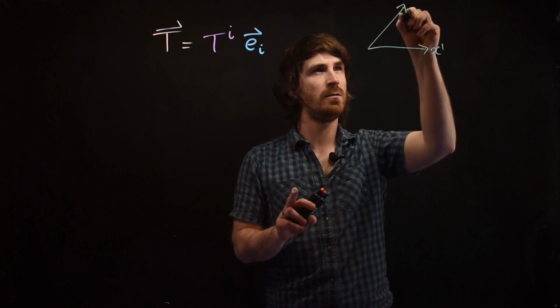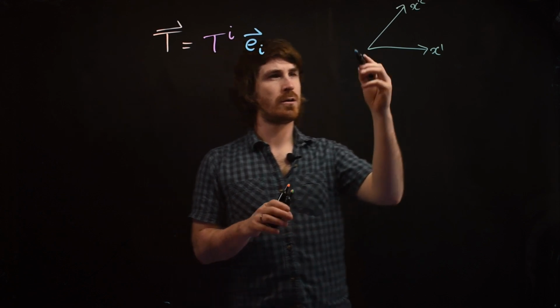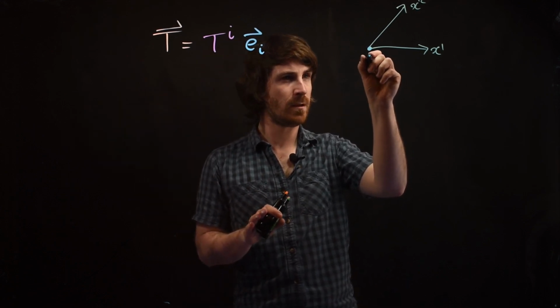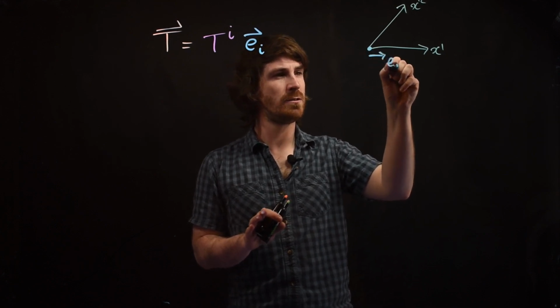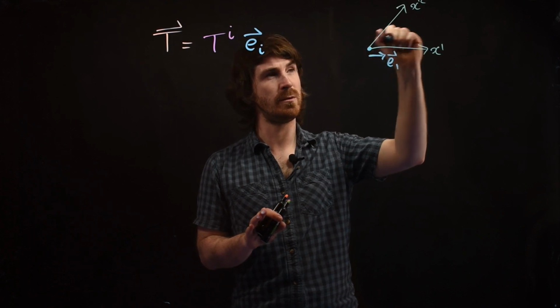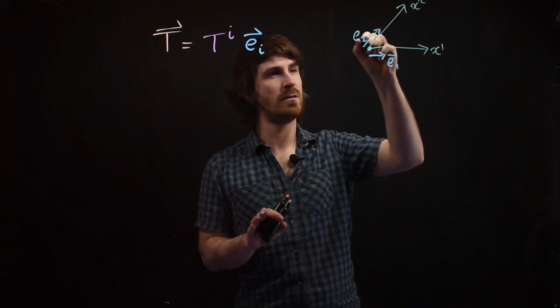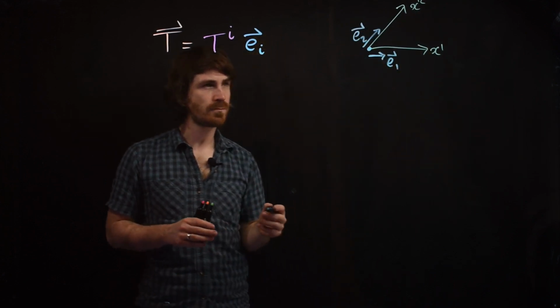This is x1, this is some x2, and we know that our natural basis vectors are tangential to the coordinate curves at these points. So this is e_1, the natural basis vector in the x1 direction, and the natural basis vector at this point for the x2 coordinate is shown here.